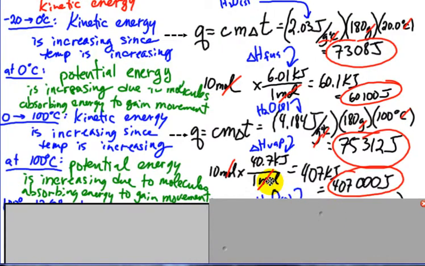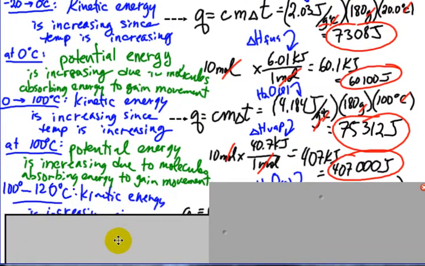So 40.7 kilojoules for 1 mole, therefore for 10, that's 407 kilojoules, or converting that into joules by multiplying by 1,000, 407,000 joules. And you can see that's, I think, the biggest area on the graph, which makes sense because it involves the most of the energy.